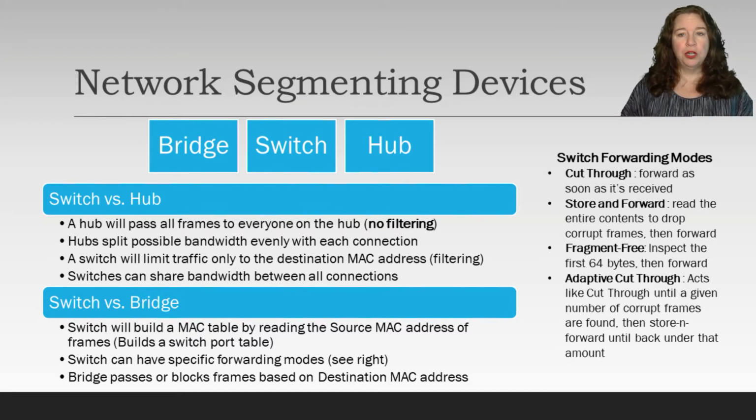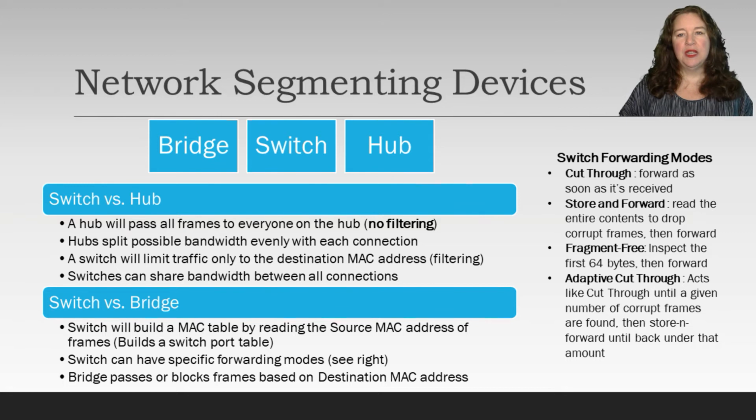Store and forward will read the entire contents, drop any corrupted frames, and then forward. So any frames that are corrupt, they will read through, find out if there's any corrupt frames. If there is, it just drops it and then forwards the rest of it across. So any corrupted frames immediately get dropped, which means they don't get sent, which means they don't clutter up the internet.